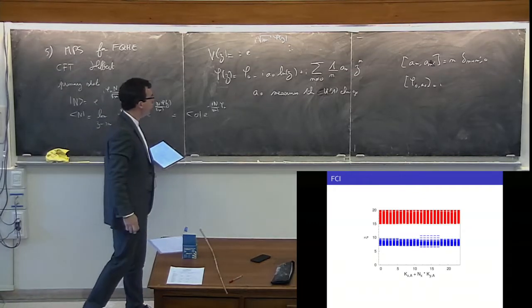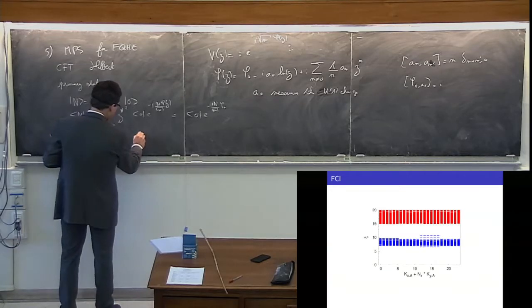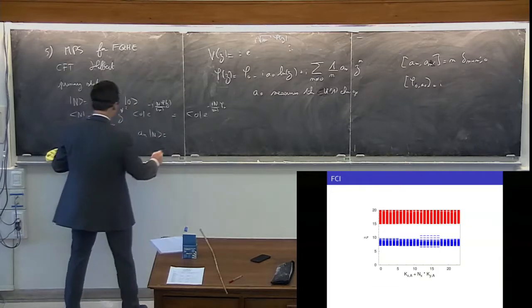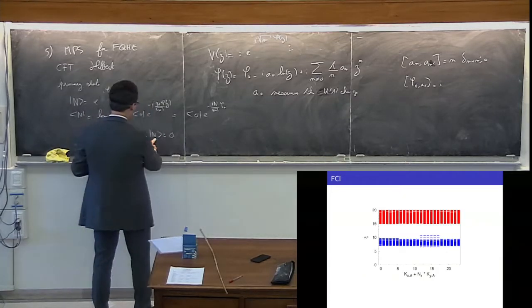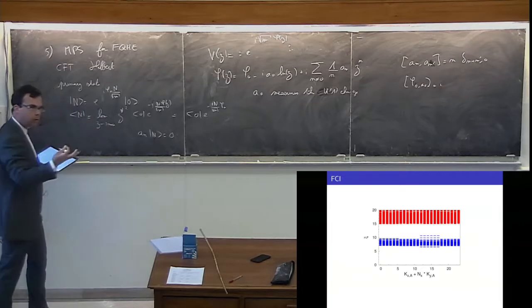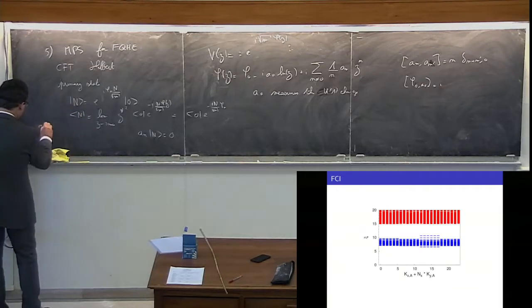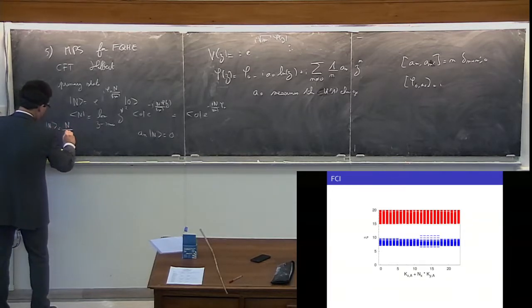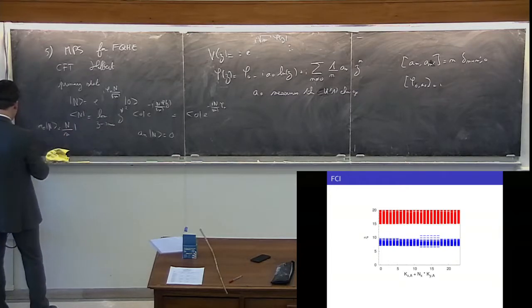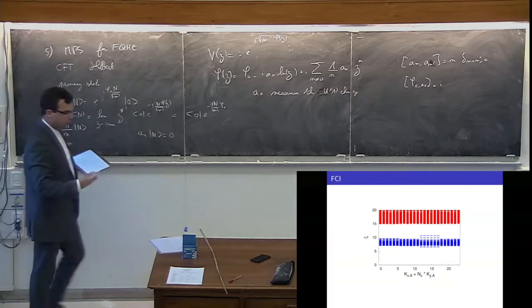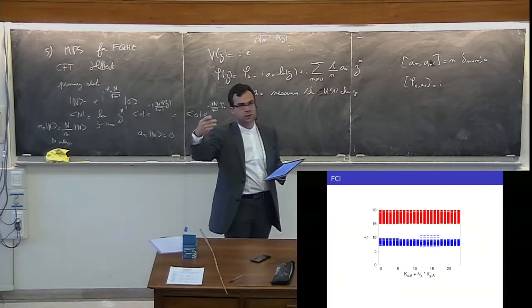So you can check that these are highest weight, in the sense that if you act with the annihilation operator on any of these states, these guys carry a charge. If you act with a_0 on |n>, this will give you n over m. So n is an integer, and the charge of the state is just this integer divided by m.